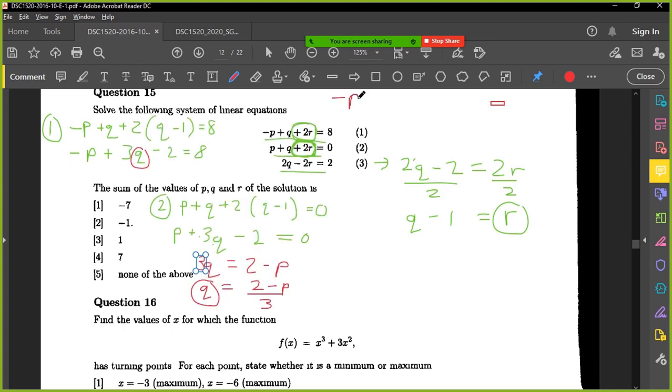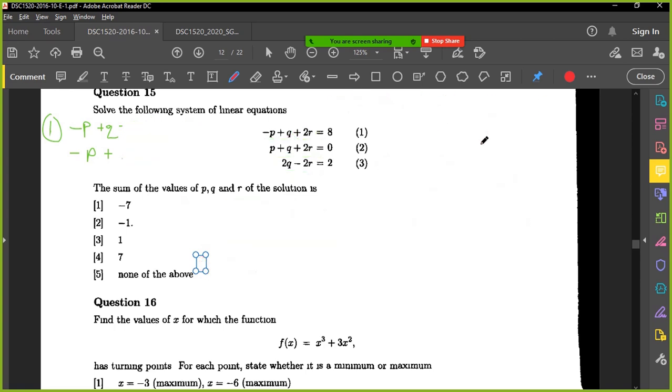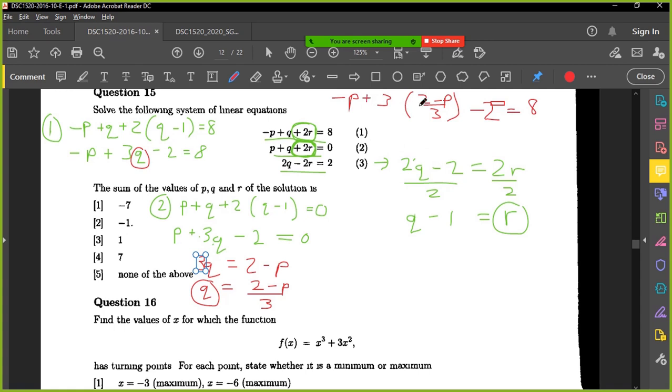We're going to have minus P plus 3 open brackets 2 minus P over 3, minus 2 equals 8. Now how do we multiply this out? First of all, the two threes cancel out, so that 3 will become a 1.